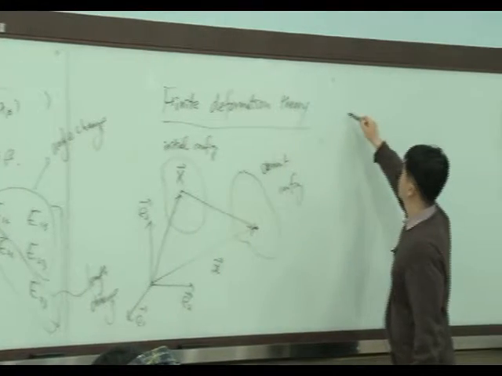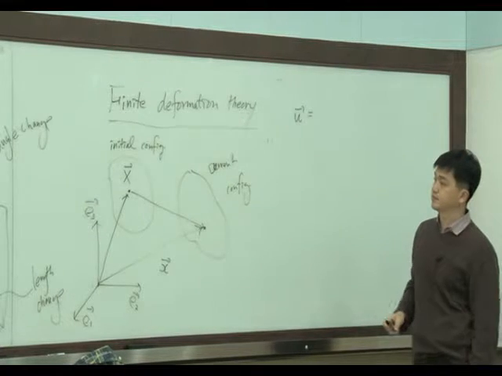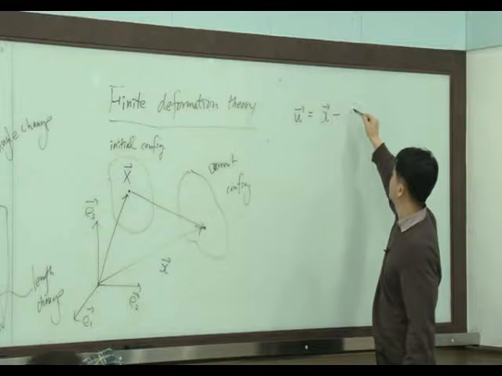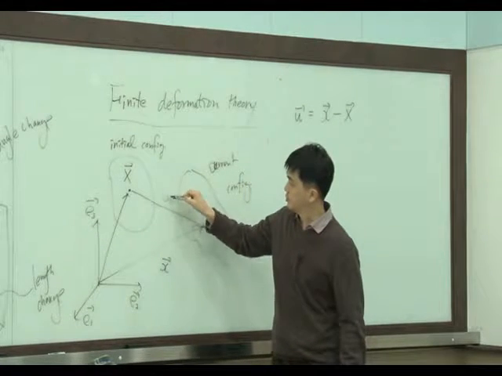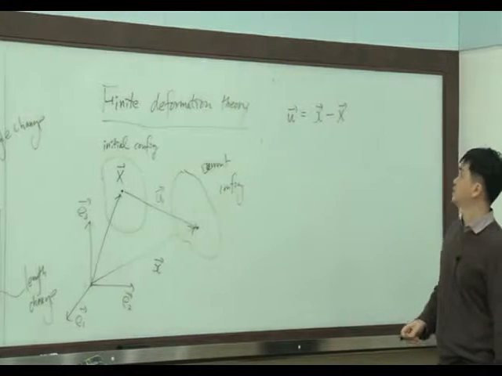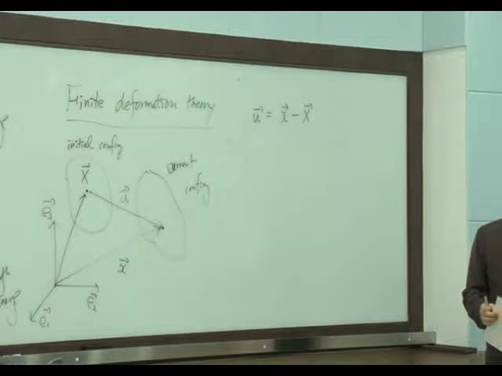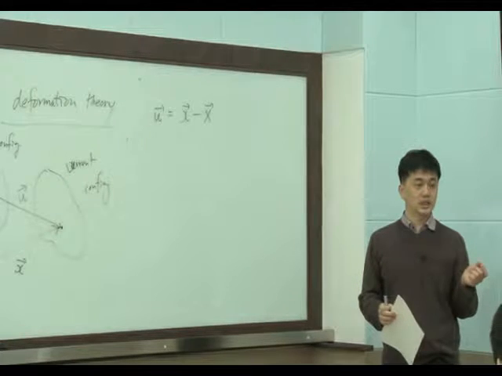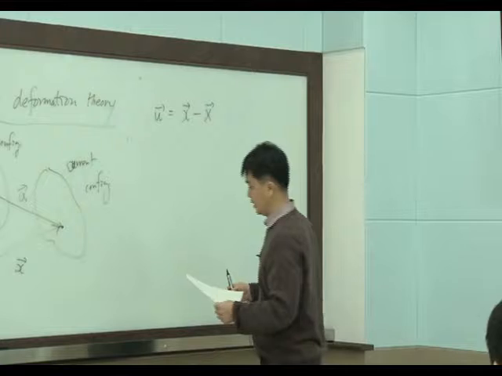And displacement u equals current position minus initial position. This is u, right? We know this. Displacement is just the difference between the initial and current position. We know about that.